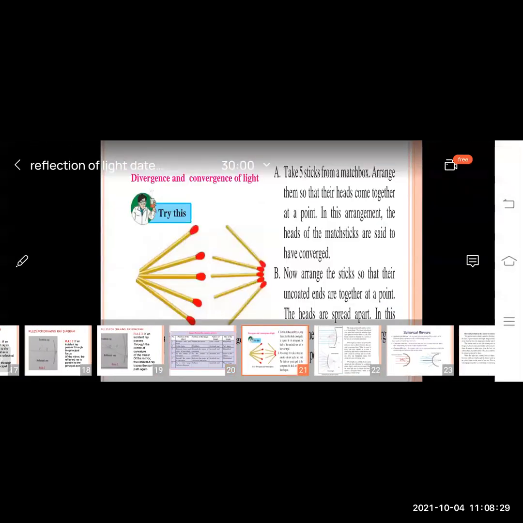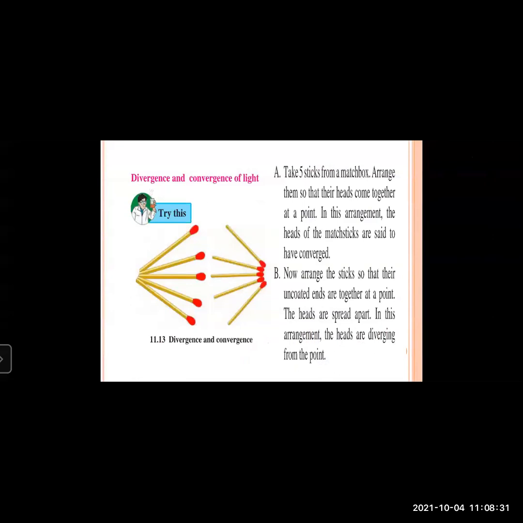Now we are going to study the concept of divergence and convergence of light. This is a very easy activity which helps us to identify the difference between divergence and convergence. Can you see these two styles of sticks placed in front of you on the screen?